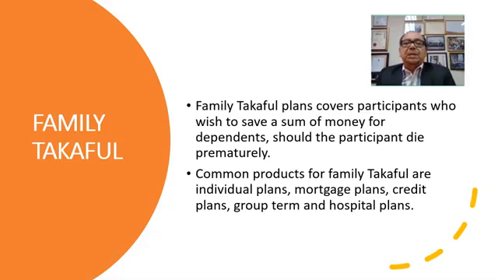So it helps the family who stay, who do not have to pay the balance of the loan. Also in the case of just now, the business loan, same category or same concept. Then the common products for family takaful are individual plans, mortgage plan, credit plan, and this I already explained just now, in detail.